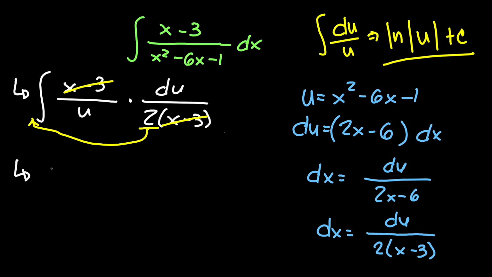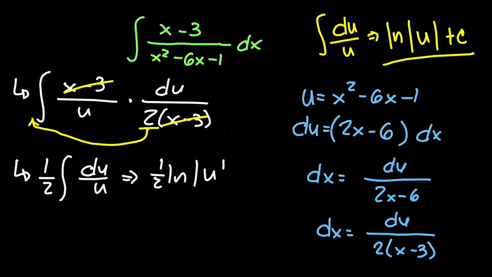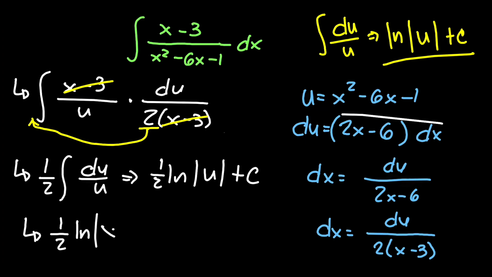So this would be equal to 1/2 the integral of du over u. So this would be equal to 1/2 the natural log of the absolute value of u plus c. And so the final answer here would be equal to 1/2 the natural log of the absolute value of u, which is x squared minus 6x minus 1 plus c.